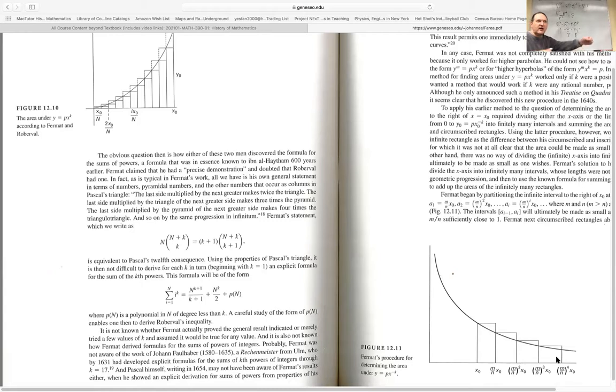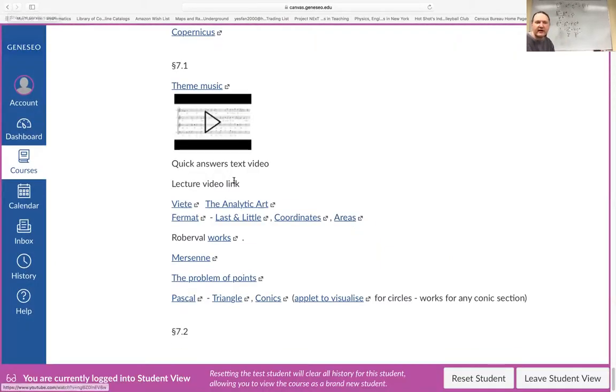He made them longer and longer the further he went out, which is different from the way we would do integration. One of the things that's characteristic of Fermat's work in area is that he devised different methods for each of the problems, not a unifying method for all of them.